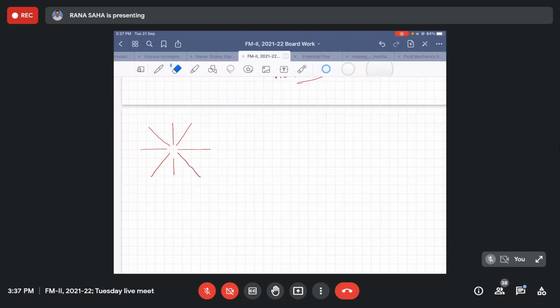Just as a representation, I am drawing only these few lines. Essentially, for a source flow, first of all, the flow is radially outward. That means you are only going to have one component of velocity, that is the radial component.